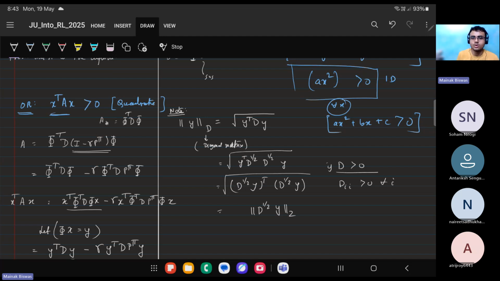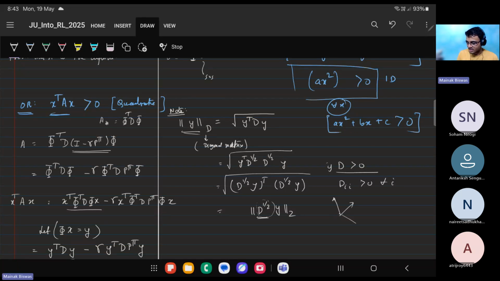We can take a square root for every term. No problem. So any D norm can be written by just taking the vector whose norm you want to find and multiplying it with D to the power half. All you're doing is rescaling the vector.